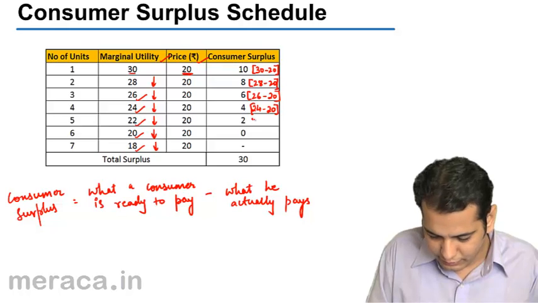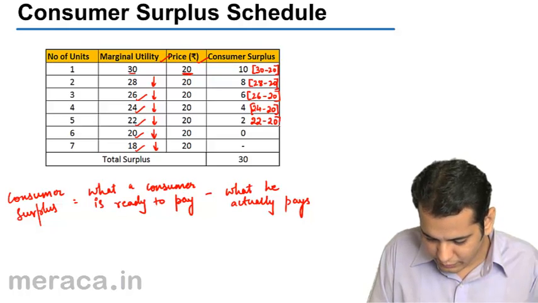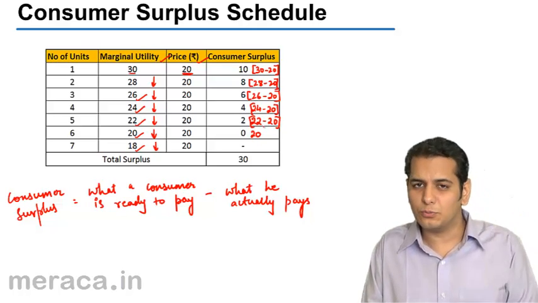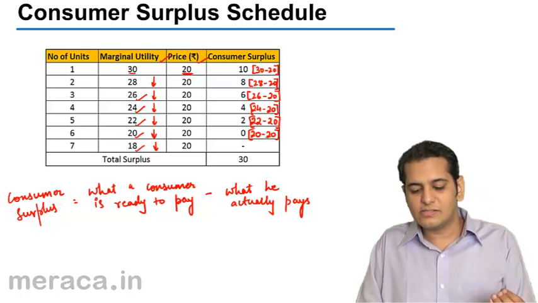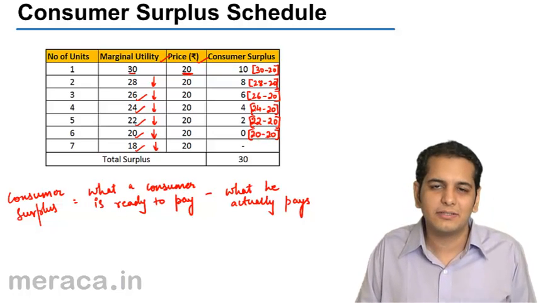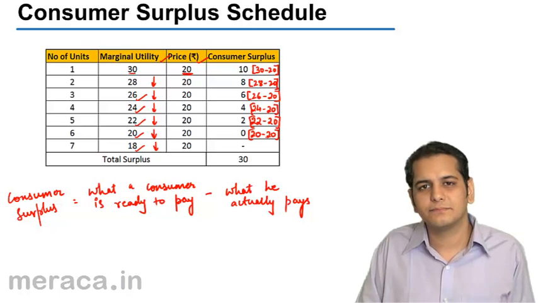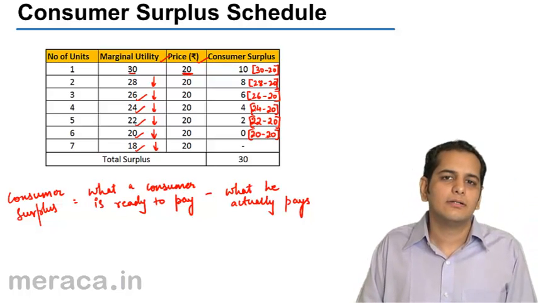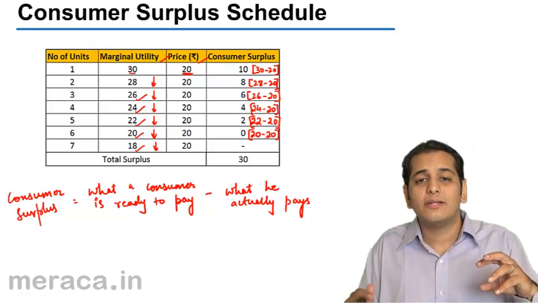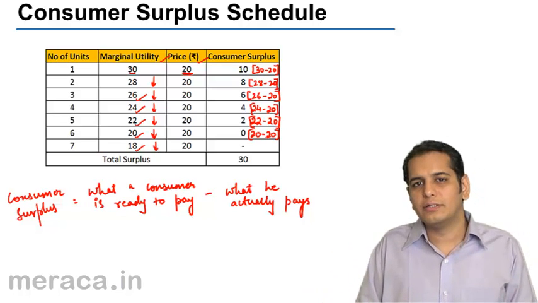At the fifth unit, it will be 22 minus 20. At the sixth unit, it will be 0 because the consumer is deriving a utility of 20. He is paying 20. So there is no excess of utility.